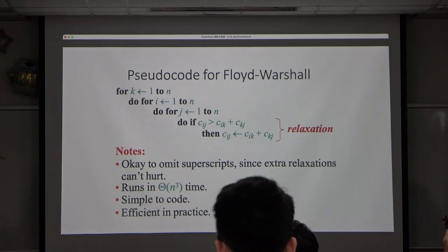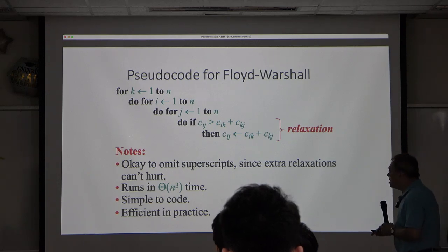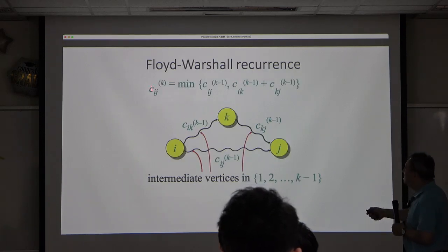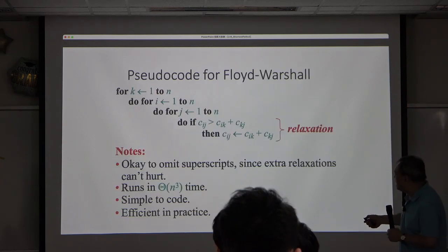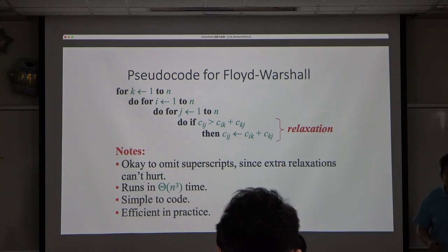And this is cool because what we want is Cijn. After we run these nested three-level loops, we get Cijn. This runs in n cubed time, it's very simple to code, and it's very efficient in practice.